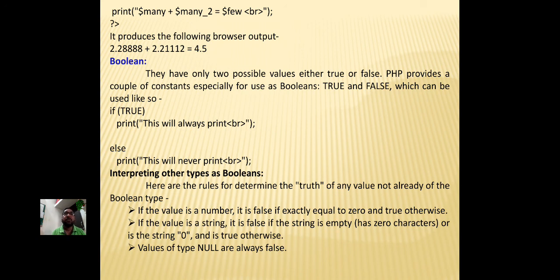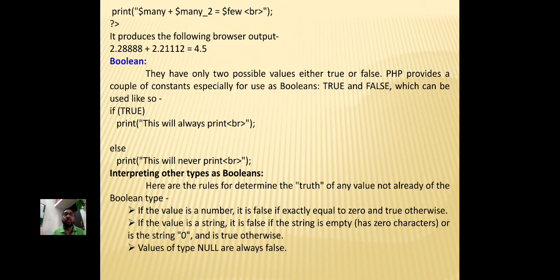Interpreting other types as boolean. Here are the rules for determining the truth of any value not already of the boolean type. First, if the value is a number, it is false if exactly equal to 0, and true otherwise.